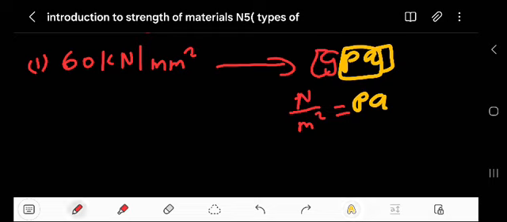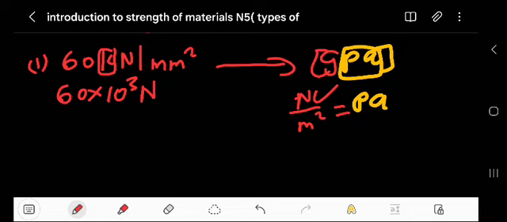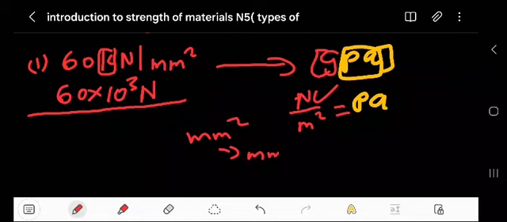So okay, let's check. Here we have 60. We can change this kilo. Kilo is the same as times 10 to the power of what? Of 3. We still have Newton on top, whereby we're supposed to get that Newton, which is fine. Then here on the numerator, we have two things, millimeter squared. I've said to you, this is the same as millimeter times millimeter.